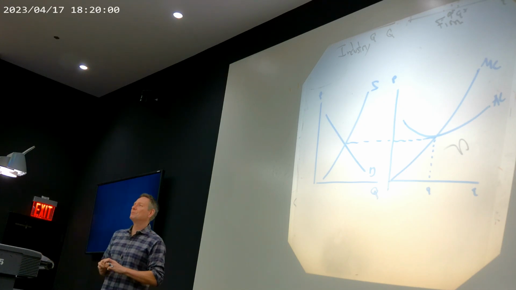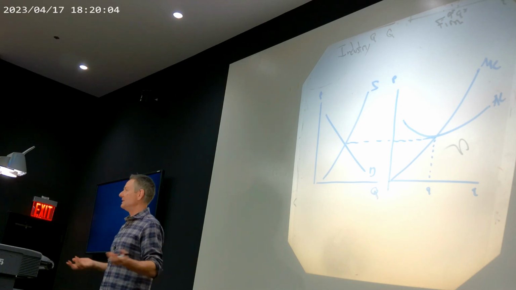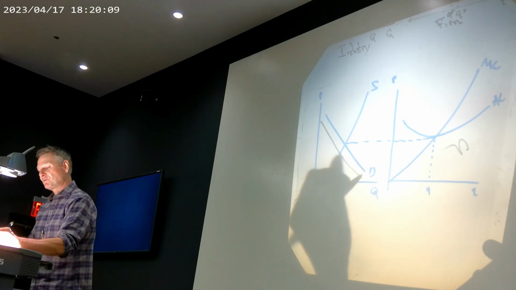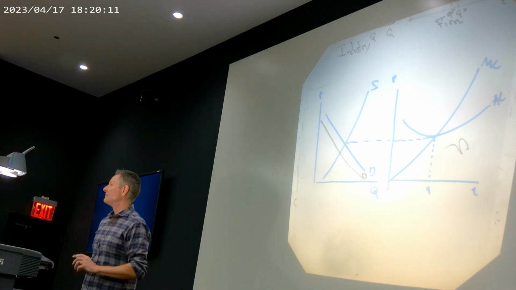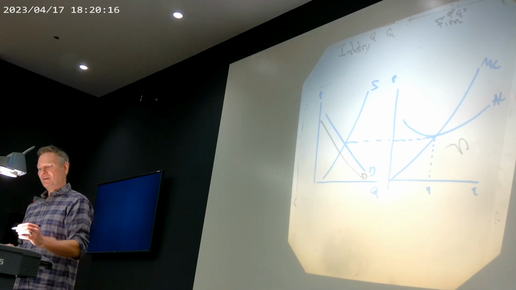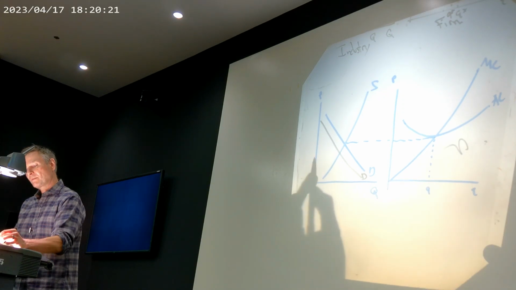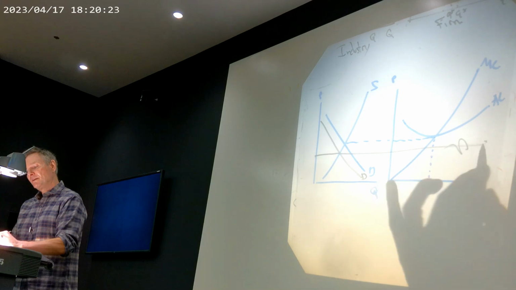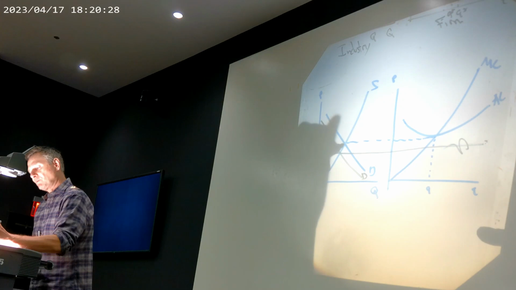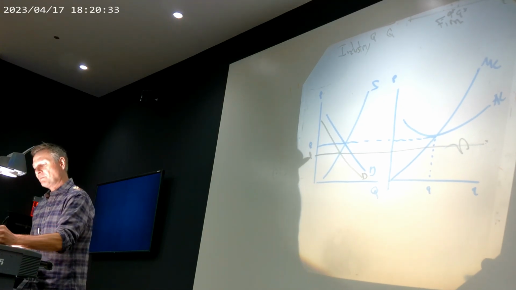Let's consider maybe there's some new report that comes out that says vaping's bad for your health or something. What this might do is shift back the demand for vape shop products, if that's what we want to think about as Q here. Well, you can see what happens then on my diagram. The price falls from this P to this P1.